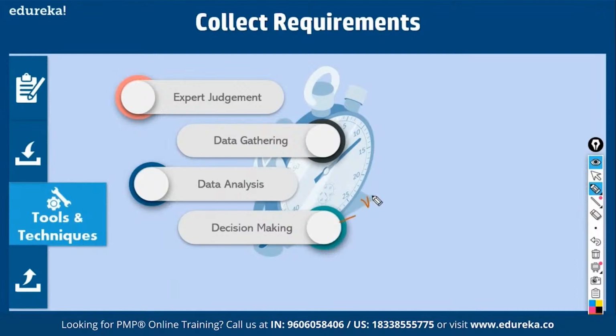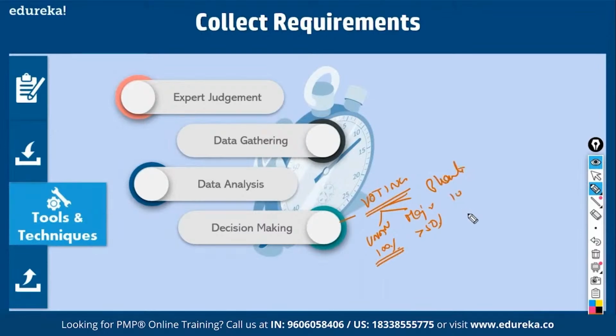Normally, decisions are taken by voting. Within voting, you have unanimity, that is, 100% of stakeholders may upvote. At times you may not get unanimity, you may just get a majority, more than 50% agreeing on a particular requirement. Or it could be plurality. In a plurality, it is not a majority.